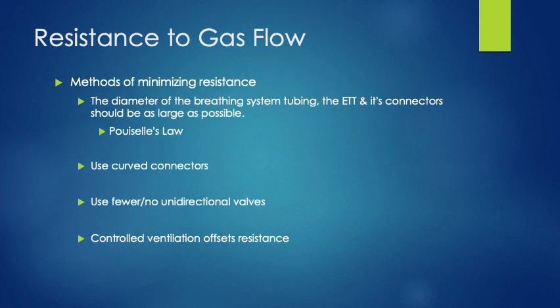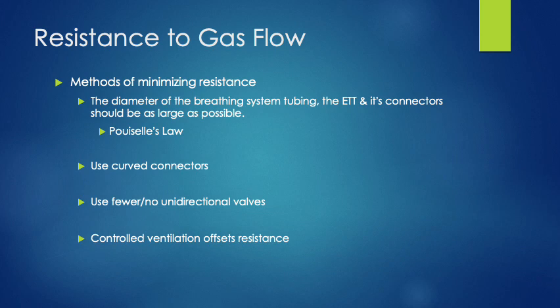So, ways to minimize this resistance: we want to ensure that our endotracheal tubes are adequately sized for each patient. You want to make sure that the diameter of the breathing system or tubing and the connectors are as large as possible, but also not so large that we're going to cause tracheal ischemia. This thought process is based on Poiseuille's law.